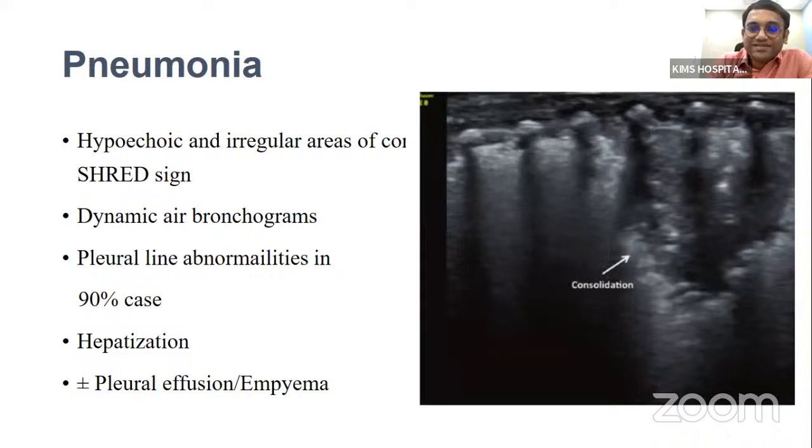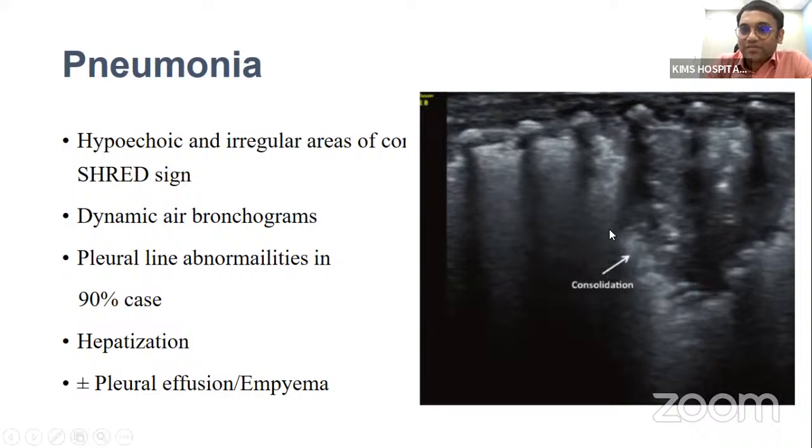In pneumonia, we see consolidations, as we have discussed, with irregular, liver-like tissue, called hepatization of the lung tissue, irregular borders, and a small amount of air bronchograms. There are pleural line abnormalities, and sometimes pleural effusion or empyema.